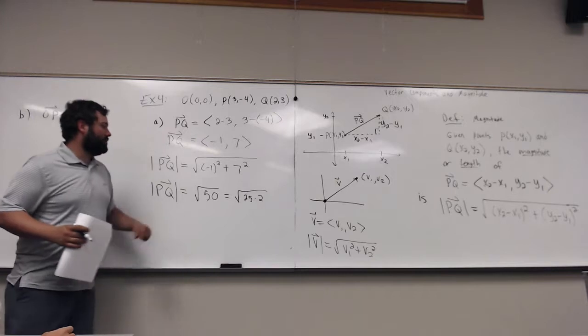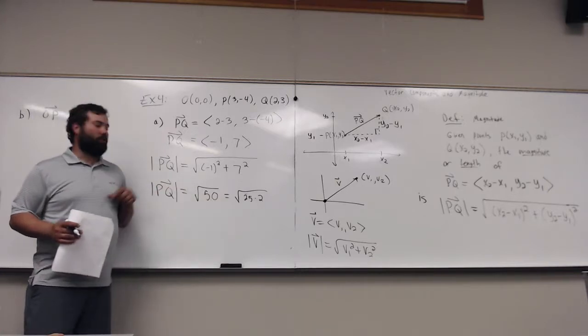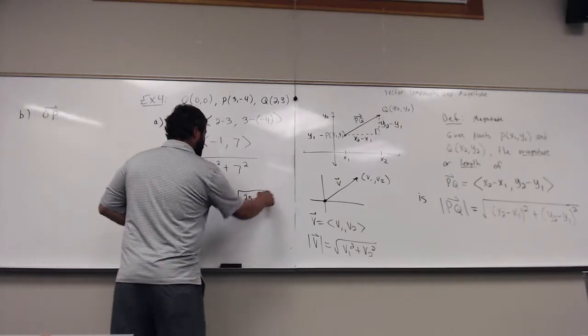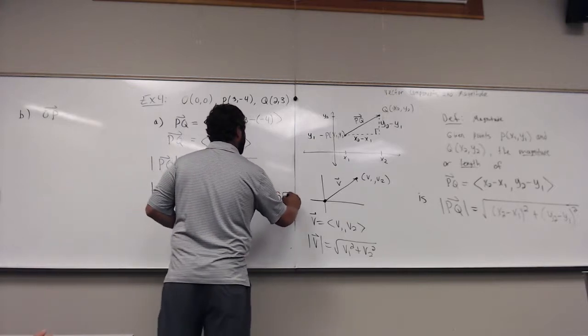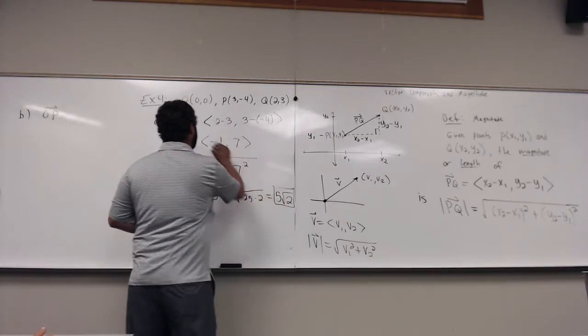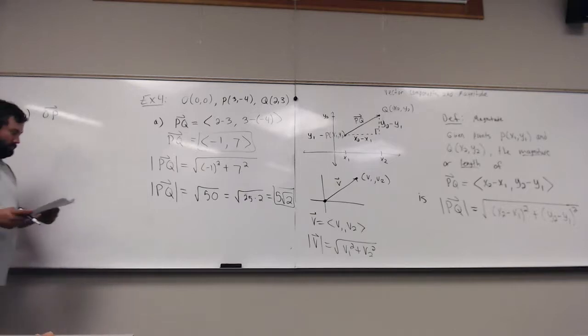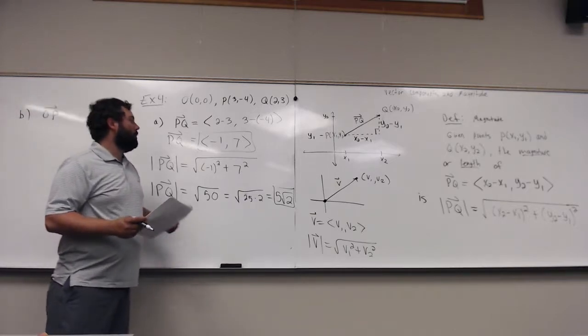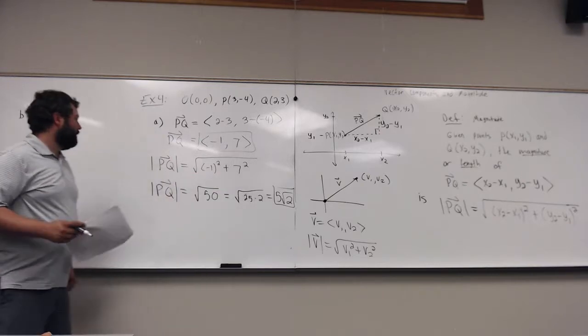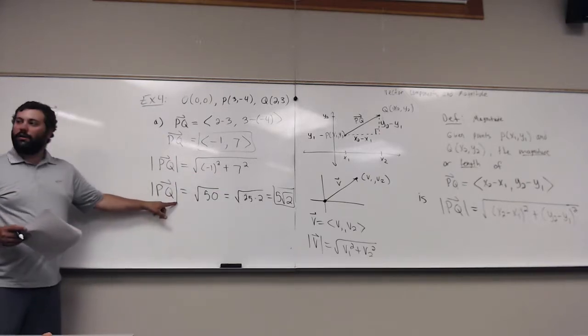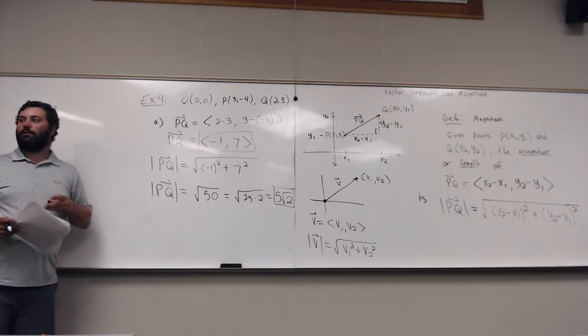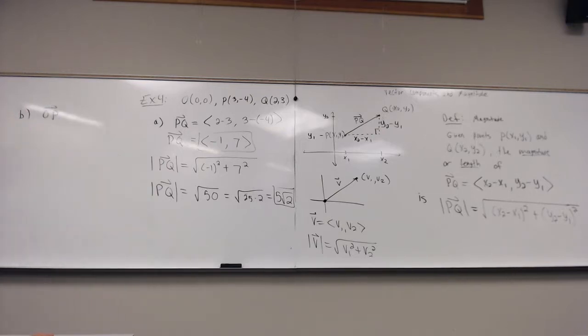So I'm finding the largest perfect square factor of 50, which is 25. And then finally, this would equal 5 square root of 2. So that would be the length of the vector, and the components are minus 1 comma 7. Anytime you put these bars on your vector, we're talking about the length or the magnitude. And if you say absolute value, I'll cringe.